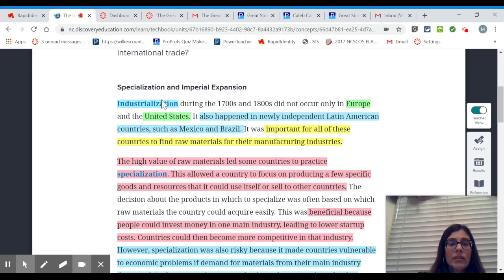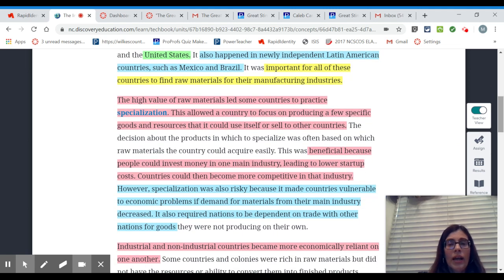And at some point, as you need raw materials to industrialize and make things in your factories, you're going to start getting into this problem of competition. Okay, so in order to not compete, and be the top dog, I guess, countries started specifically focusing on one or two products.